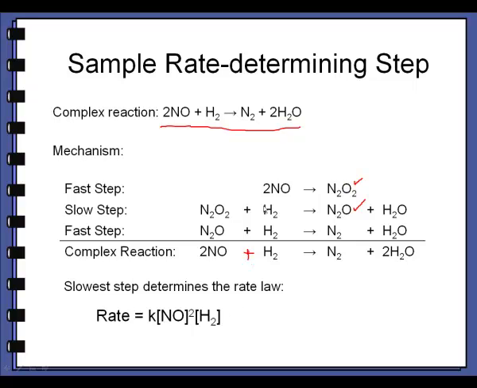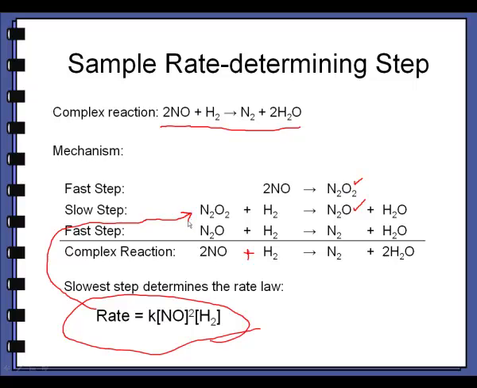The slow step again determines the rate law. So this is the rate law, and it's based upon this thing here. Now you're probably wondering why, if the rate law is based upon the reactants, why is N2O2 not expressed here?